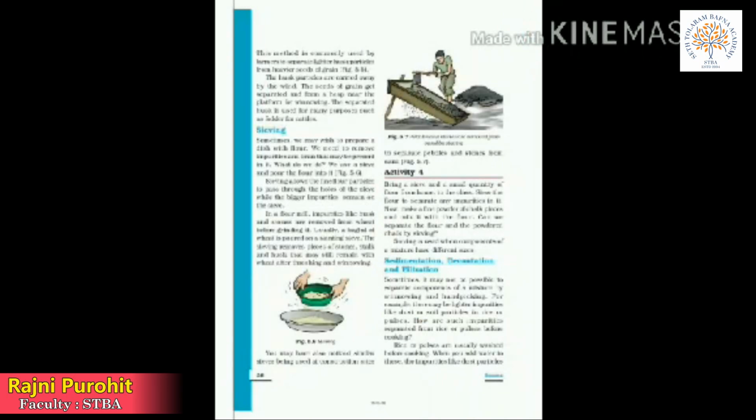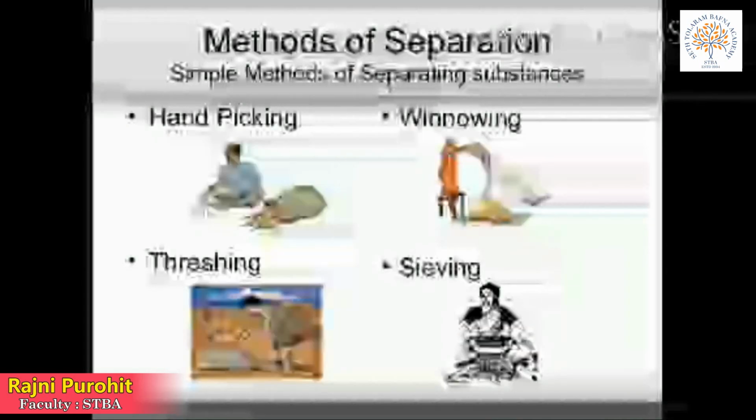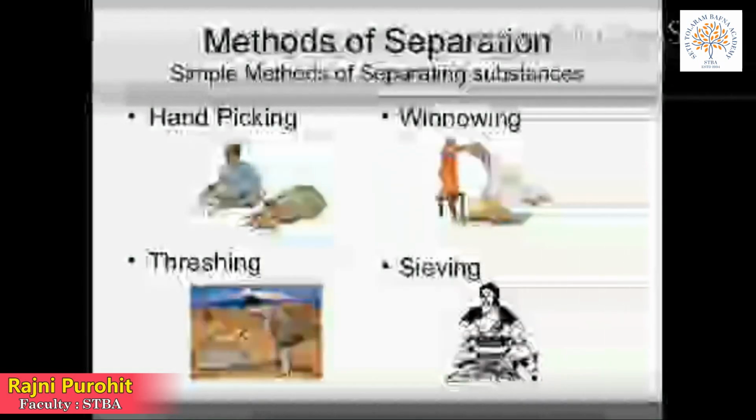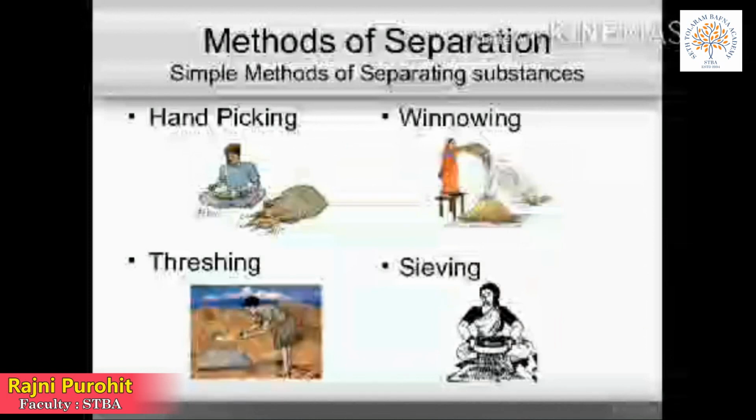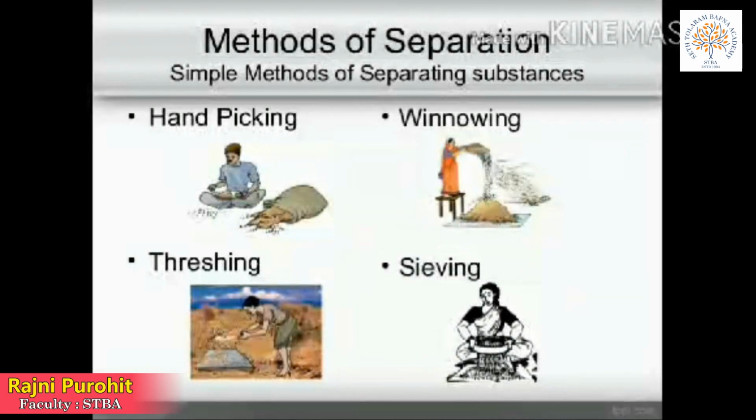And in this, we have discussed various simple methods of separation. Handpicking, in which the substances are separated simply by picking them out with hands. And the second method is threshing, in which the grains are separated from stalks by beating on a hard surface.